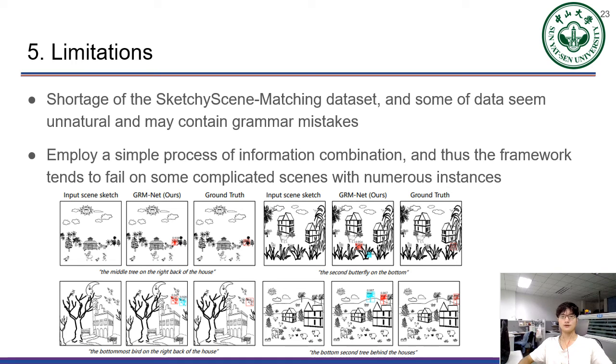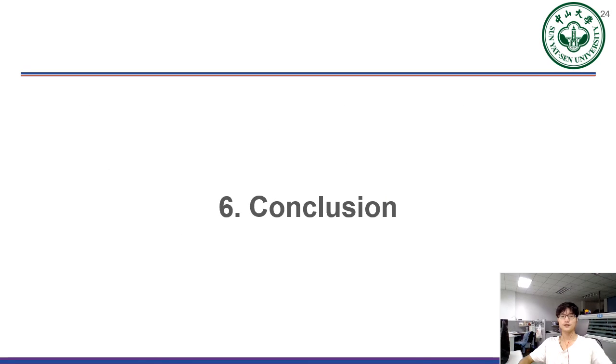Secondly, in our GRM module, we employ a simple process of information combination, and thus the framework tends to fail on some complicated cases with numerous instances. Graph neural networks can be adopted in the GRM module to strengthen reference information.